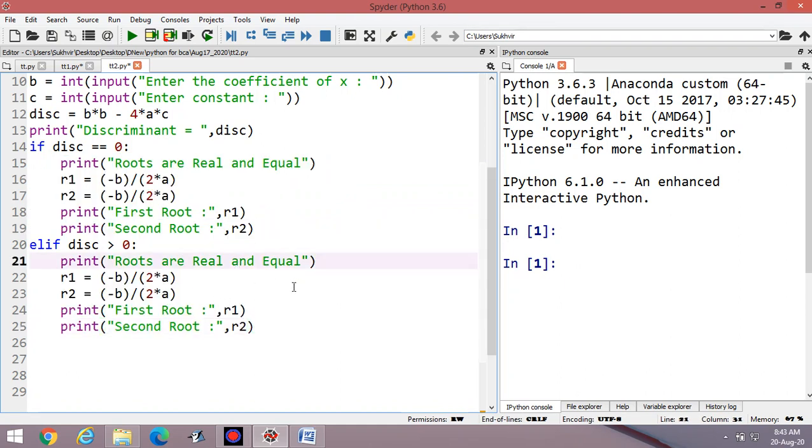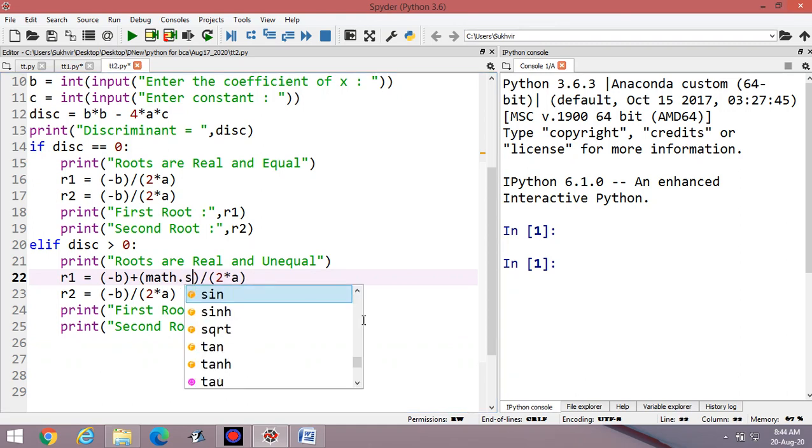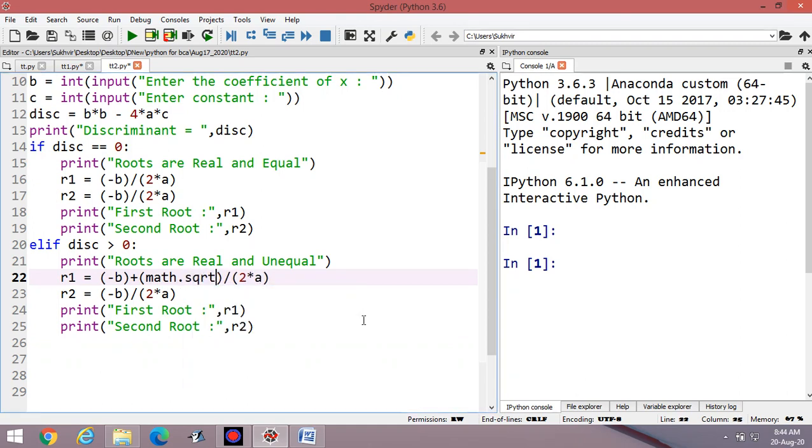You can write here roots are real and unequal, and here you can apply minus b plus math dot sqrt, then inside bracket you can write discriminant. This one is required, minus b plus math dot sqrt means the square root of discriminant, then divided by 2a.